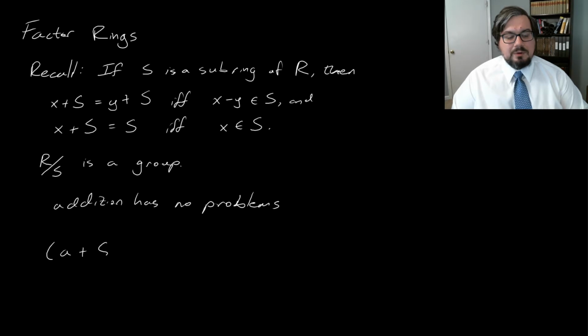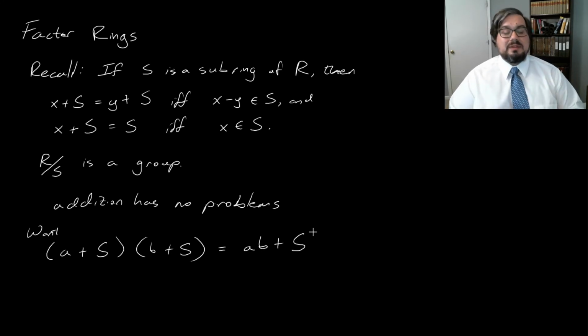Now, the way that we would want to define the multiplication inside this factor group, this set of cosets, is the following way. We would want to define it as A plus S times B plus S equals AB plus S. We would like to be able to just multiply in the factor group by multiplying the elements that represent the various cosets.